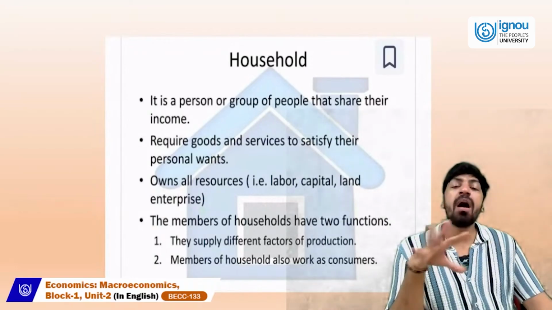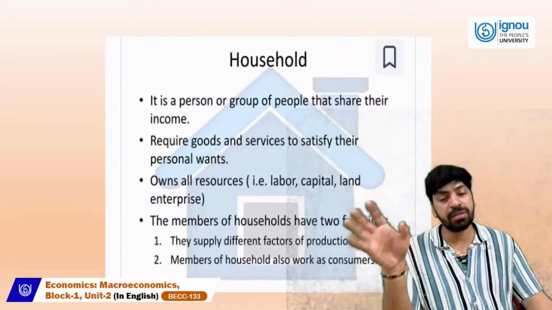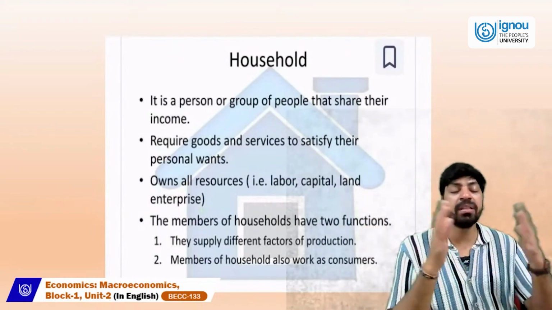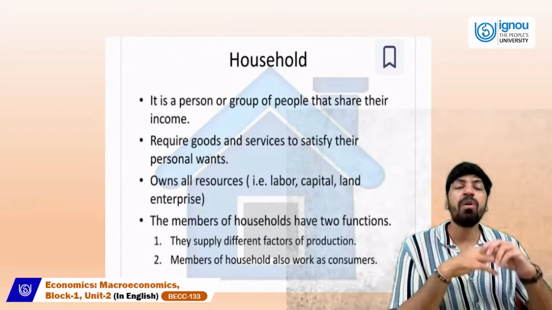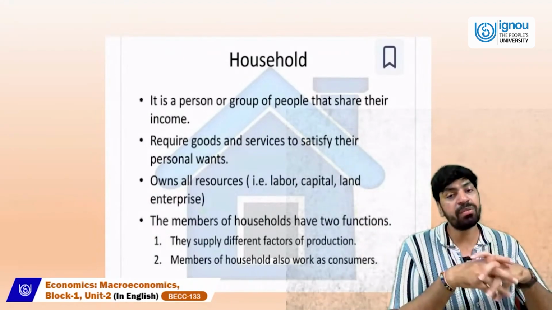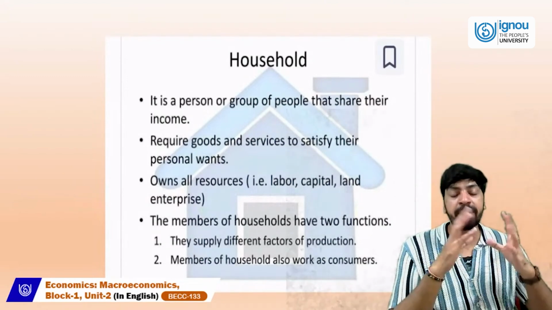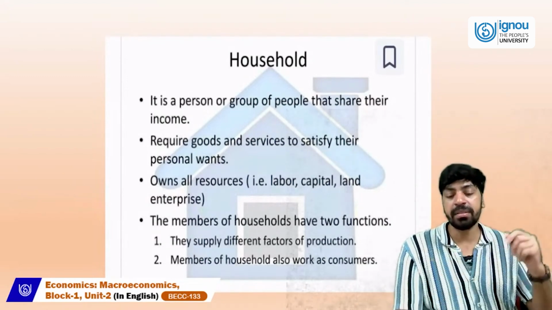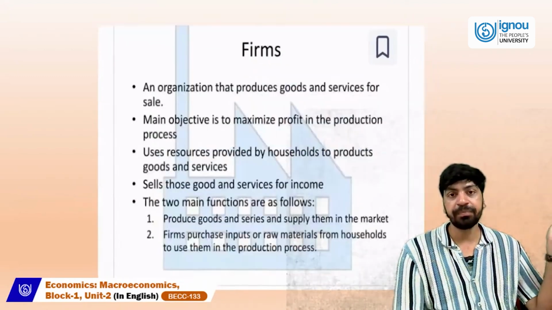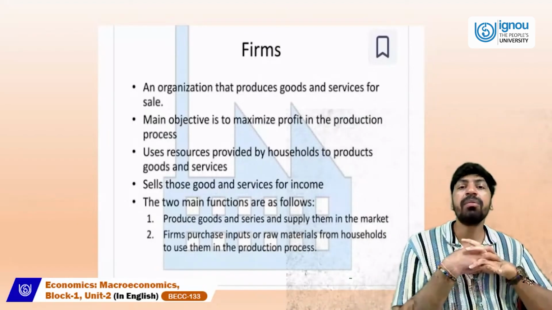The members of the household also work as consumers. So whoever among the members of the household is willing to work can work in a particular enterprise or company. Now we talk about the firms.